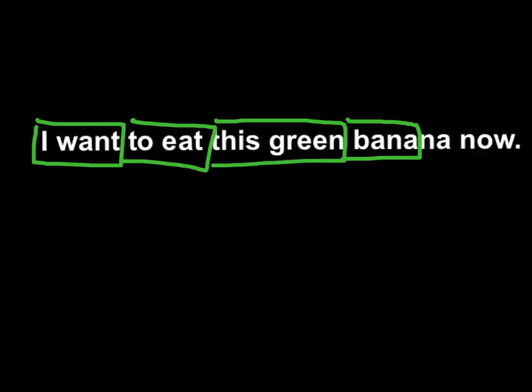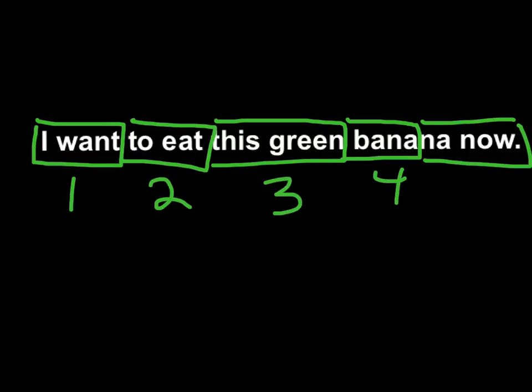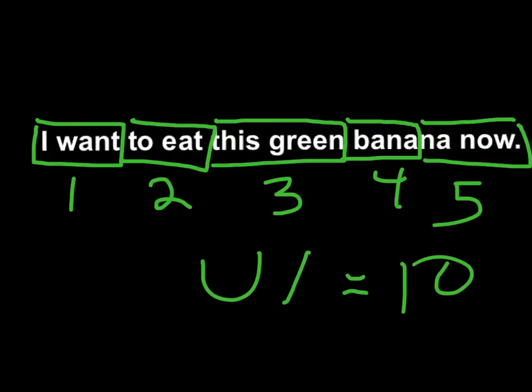And the last 2 syllables make up the 5th iamb, now. For 1, 2, 3, 4, 5 iambs. Since each iamb has 2 syllables, it equals a total of 10 syllables.